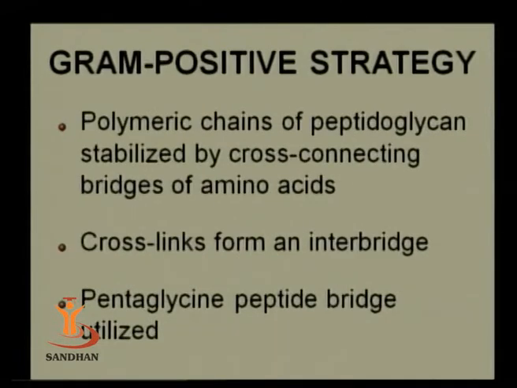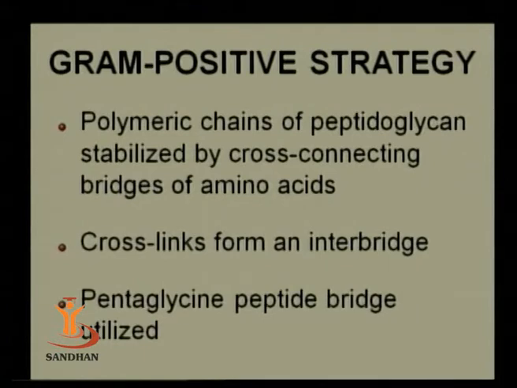If you see the strategy of gram positive bacterial cell wall formation, it is a polymeric chain of peptidoglycan stabilized by a cross-connecting bridge of amino acids. Cross-links form an interbridge, and pentaglycine peptide bridges are used.